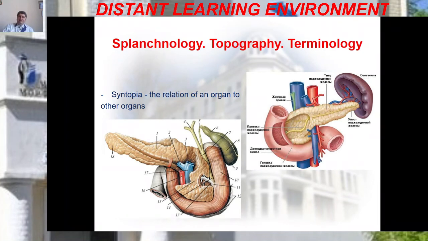For example, you may see the pancreas and its relationship to the duodenum, to the spleen, to the gallbladder, choledochal ducts, and also to the greatest vessels in our organism: the vena cava, aorta, and also the portal vein.